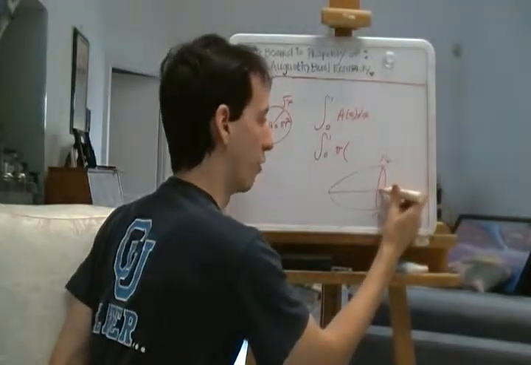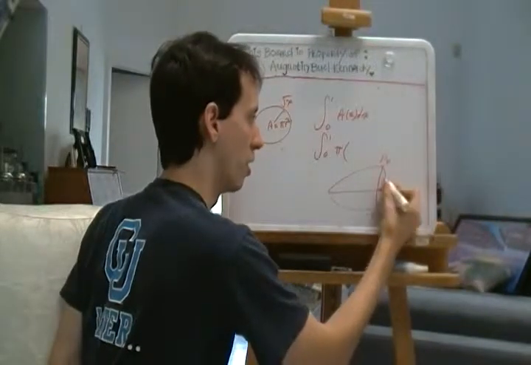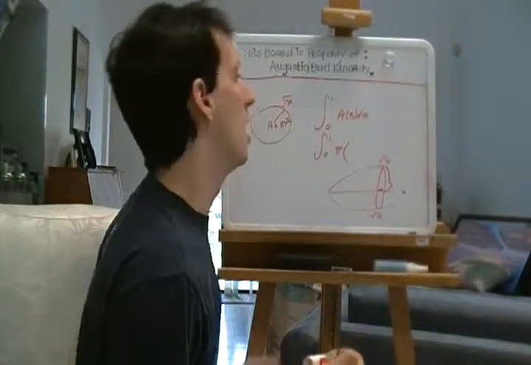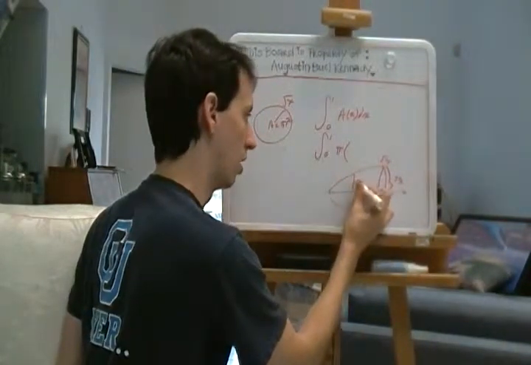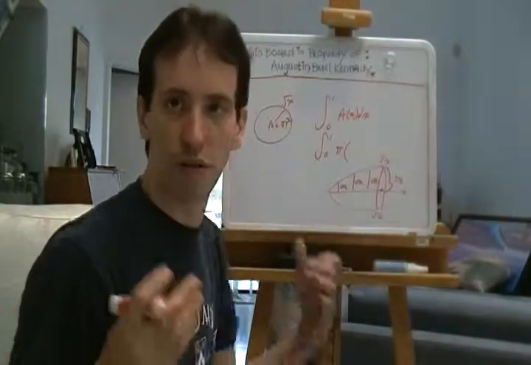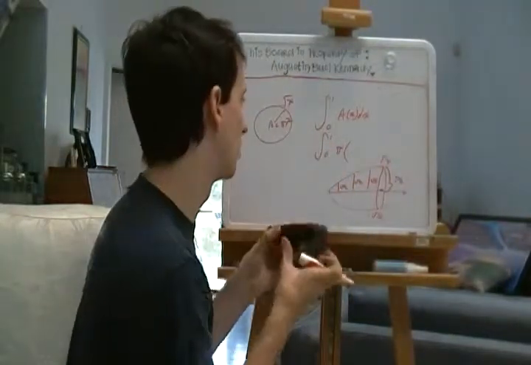Well, the radius from here, which is the center point, the x-axis, the radius between there and the function is square root of x. It's square root of x here, here, and here. Now square root of x always has a different value, but in general the radius is square root of x.